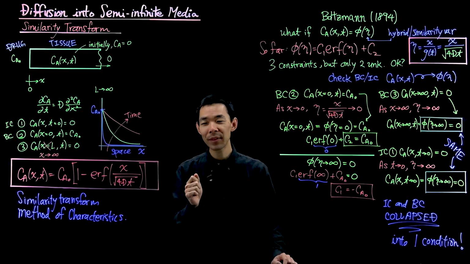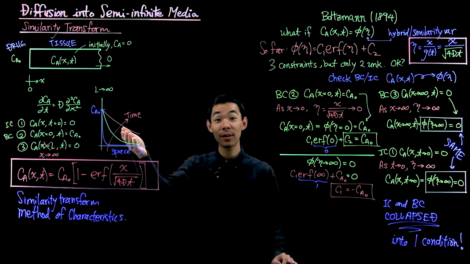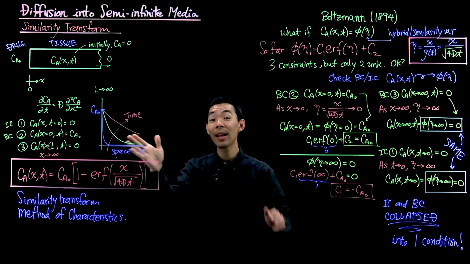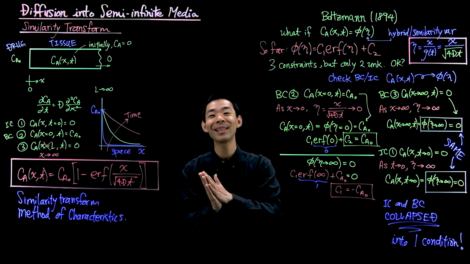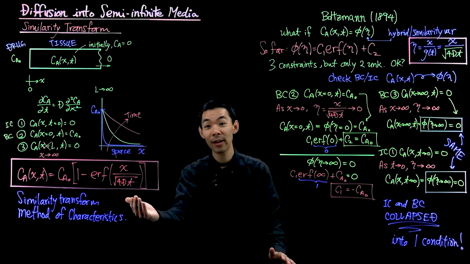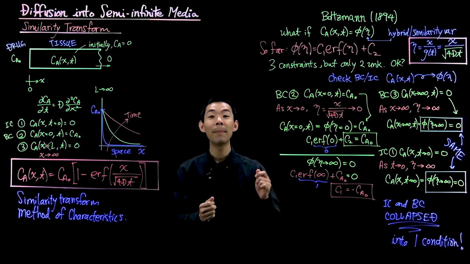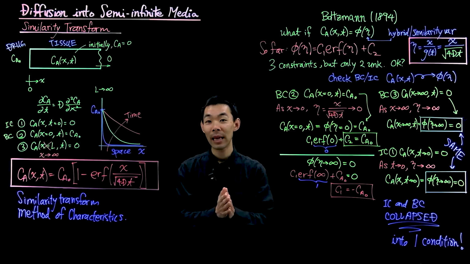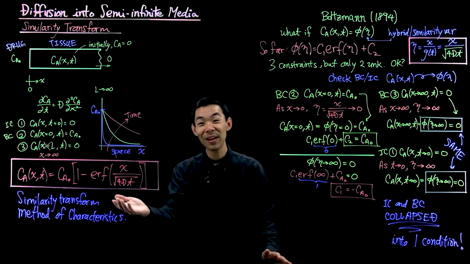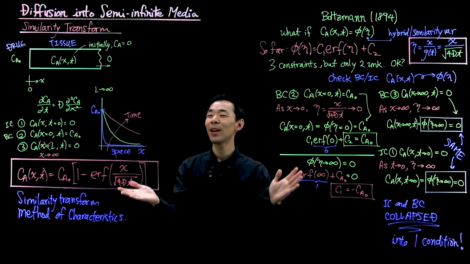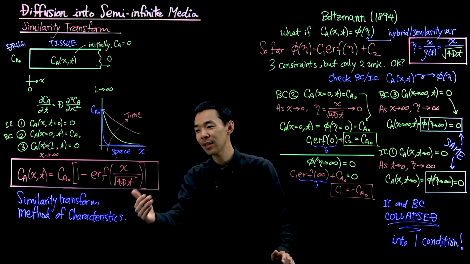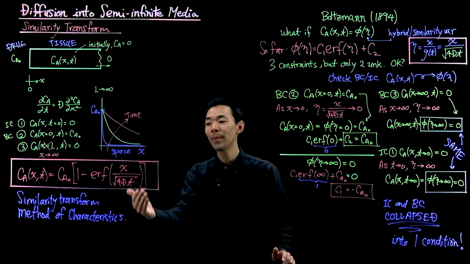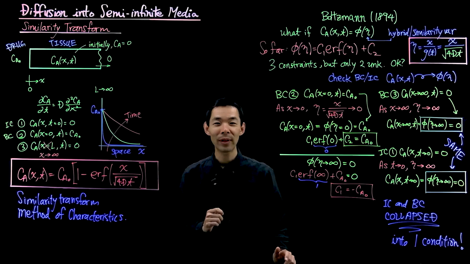So the self-similarity of each of these curves suggests that they might be able to be collapsed using a similarity variable or a hybrid variable that combines space and time together. And so the key feature of this similarity transform approach is the existence of a collapsed variable, x divided by the square root of 4Dt.